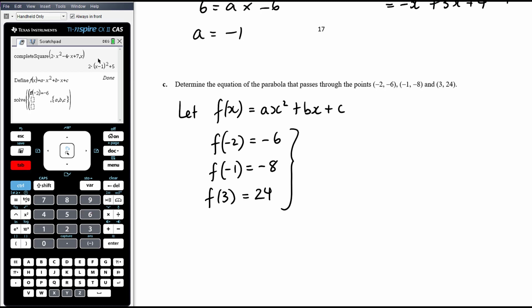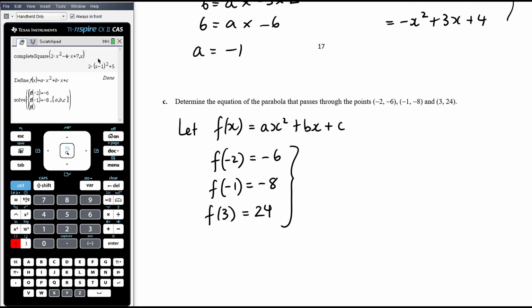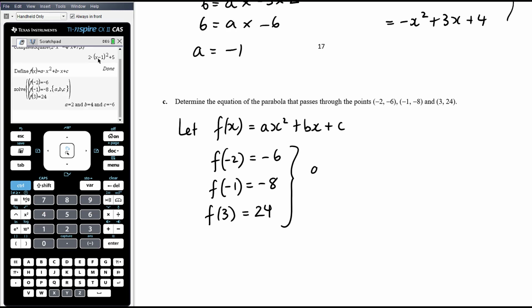The second equation will be f of -1 equals -8, using the bold f, which is good, that means it's accessing my defined function f. And f of 3 equals 24. And we find a equals 2, b equals 4, and c equals -6.